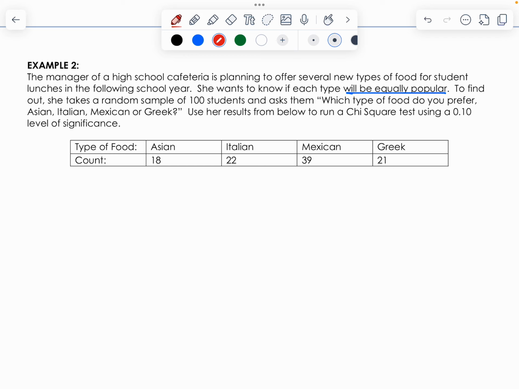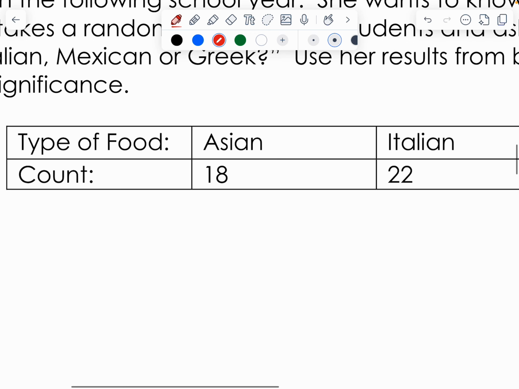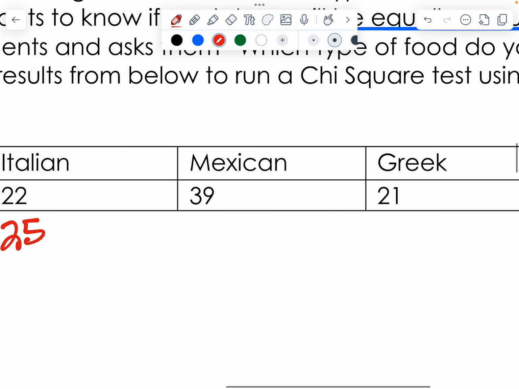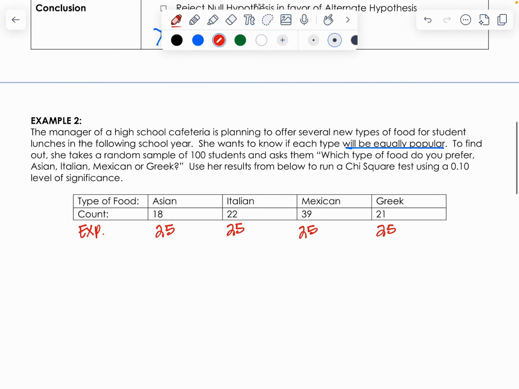So if each of these categories is equally represented, and there are 4 categories, then we would expect 25 students to be in each category. If they're equally represented, that would be our expectation, right?